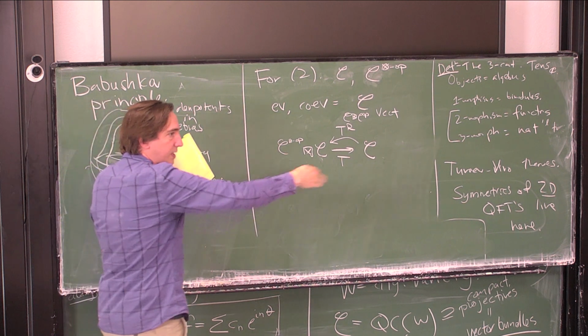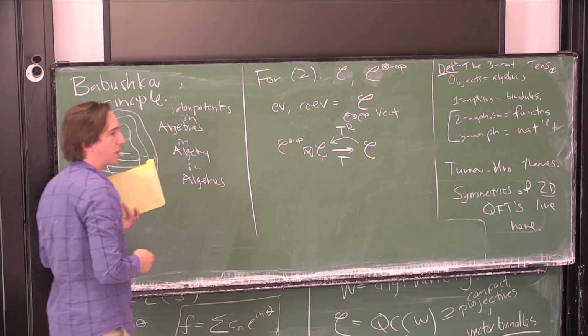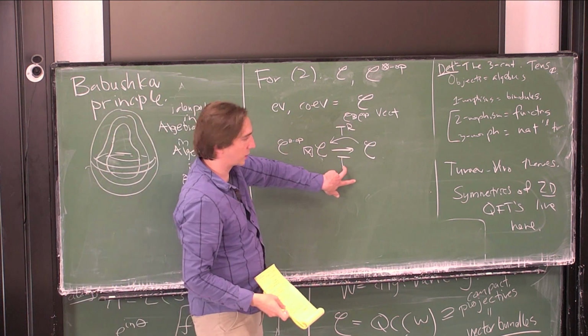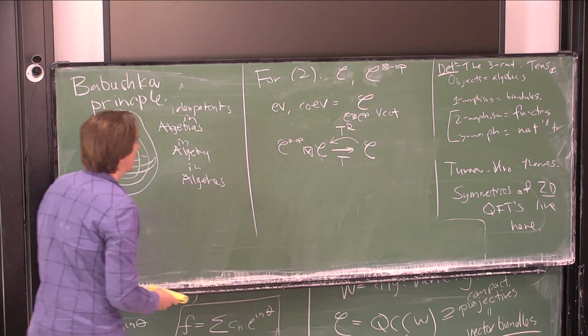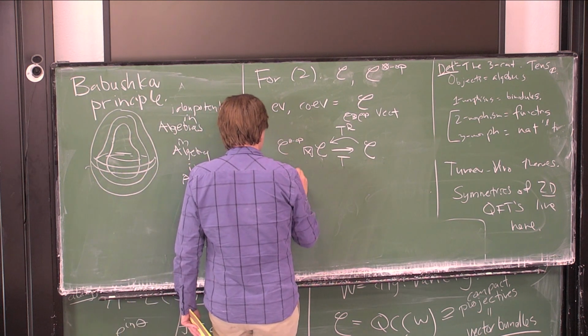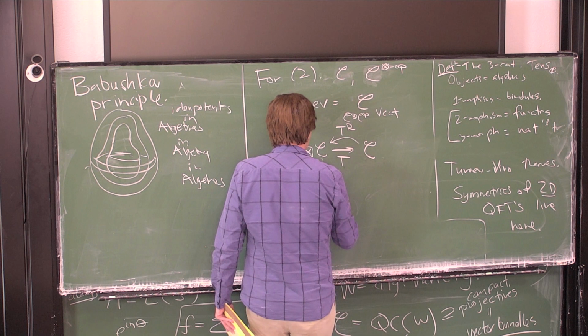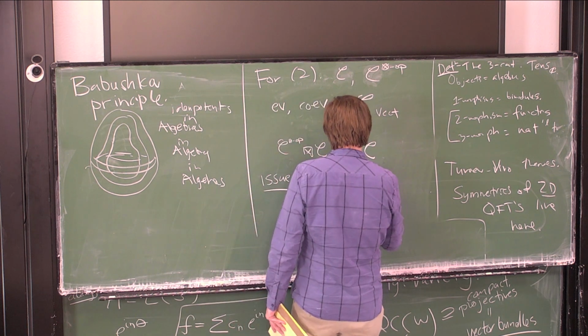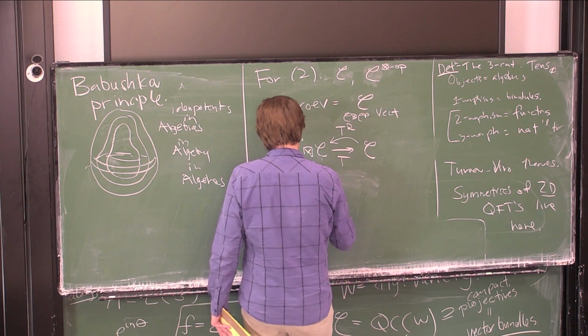If I have a nice map between Hilbert spaces, it automatically has a right adjoint, as long as it respects the inner product. And T is a functor, so it respects the inner product. But the only issue is, does TR, is TR also well behaved?